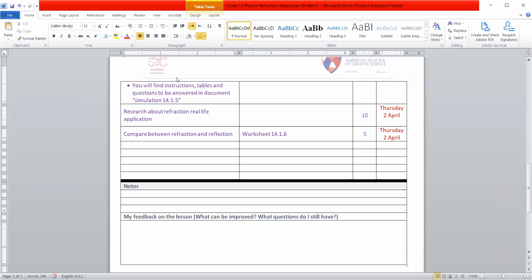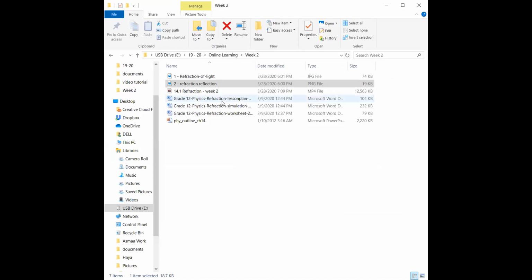Before going to this, I'm going to share with you a picture. We studied about reflection before, we studied about refraction, so you will be able to compare between both of them. Okay, you will be having a worksheet here.